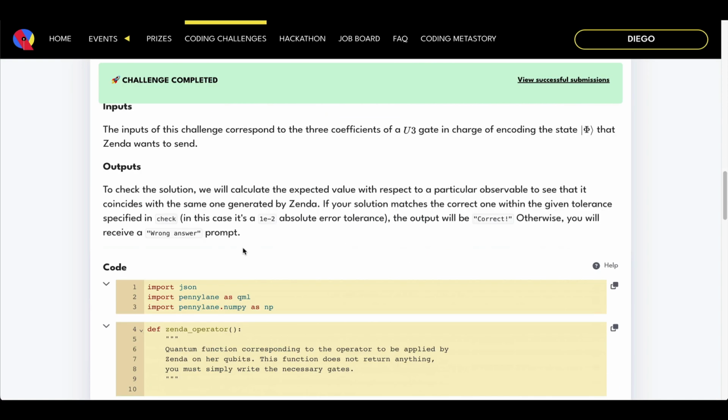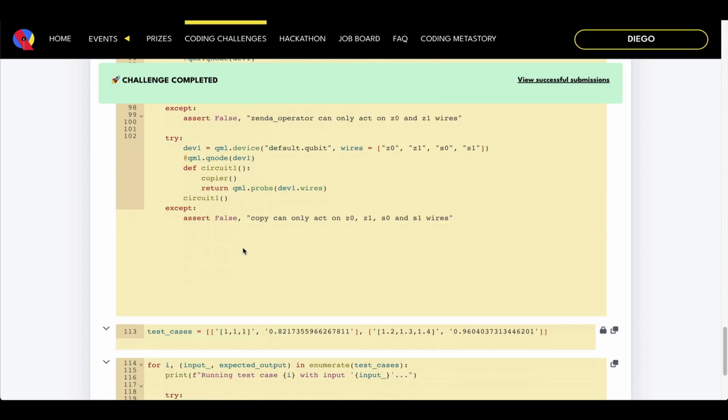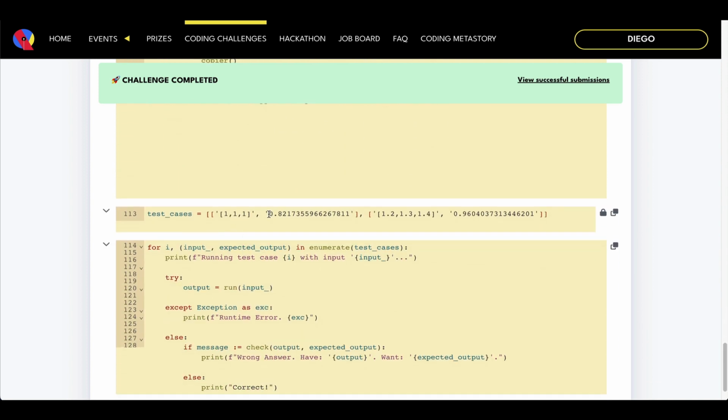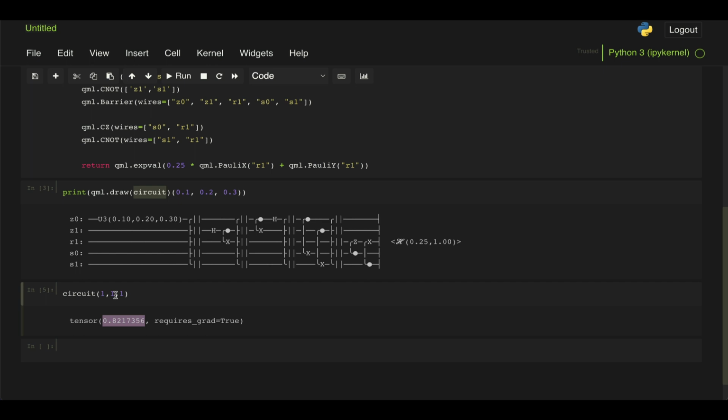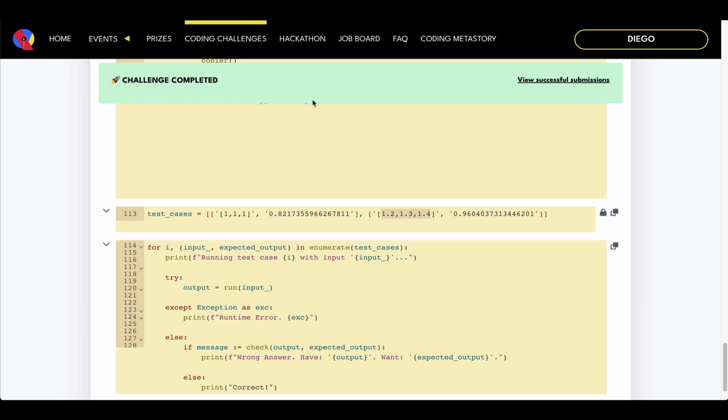And if we go down here to the solution, we can see that for that input, we get 0.81735. And then the next input is 1.2, 1.3, 1.4. So let's pass that as an input. Let's print that. And then here we get 0.9604. And here we can see that that's the expected answer for this problem.